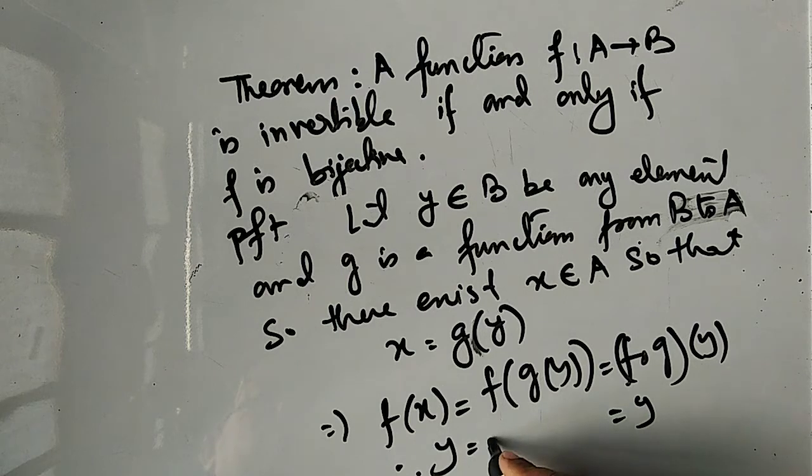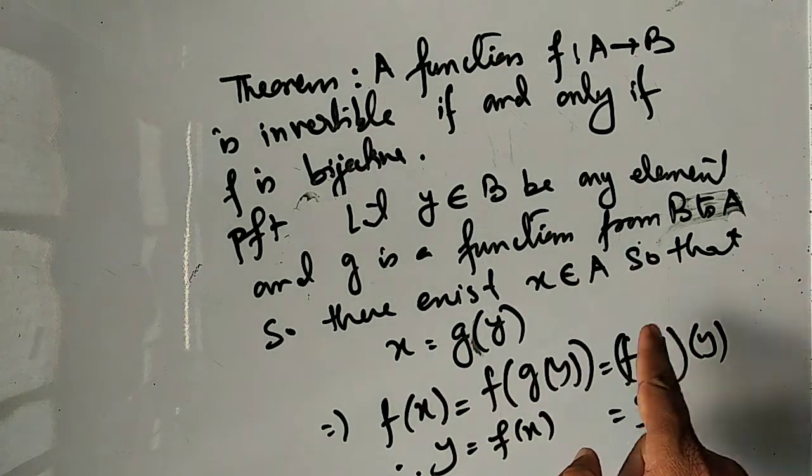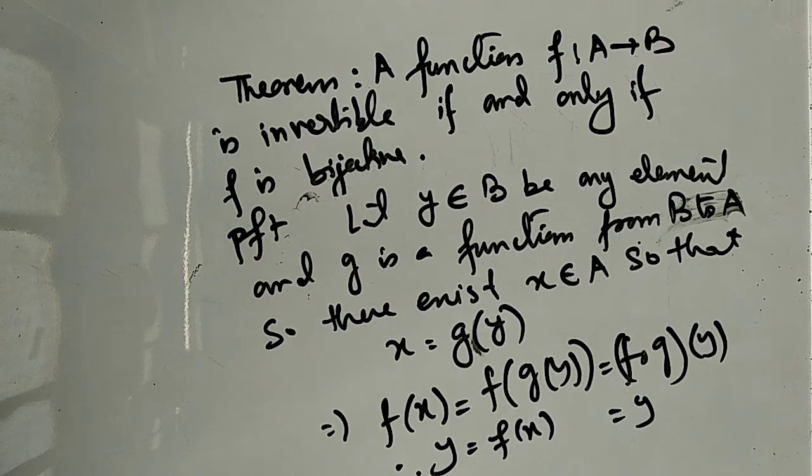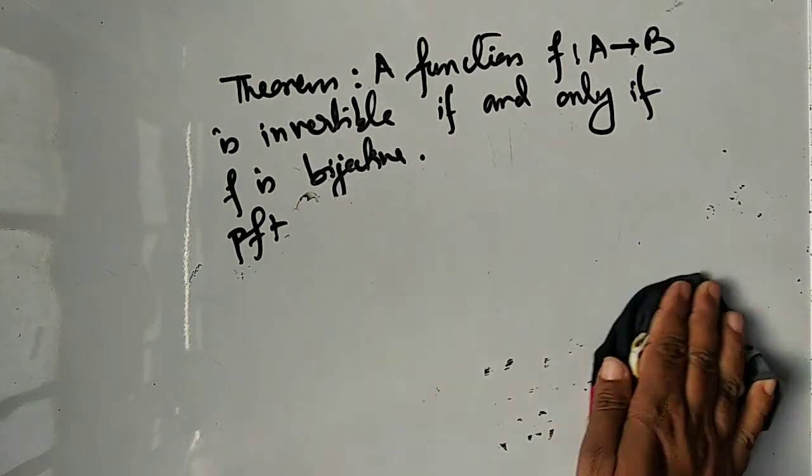Therefore y is equal to f of x. Means for every y belongs to B, there exists an x belongs to A such that y is equal to f of x. It means that the function is onto. Now the function is one-one and onto, इसका मतलब है f जो है वो bijective है. ठीक है.